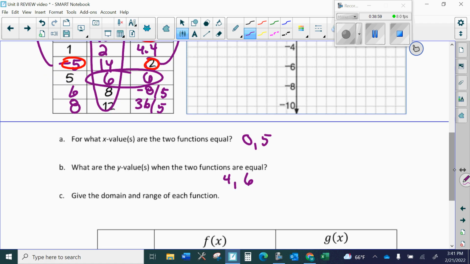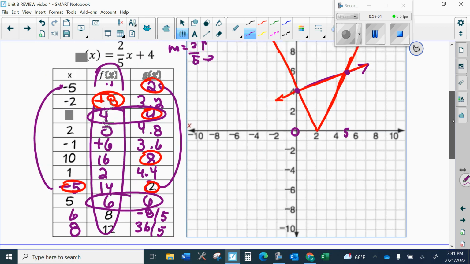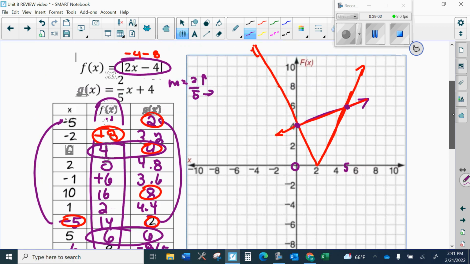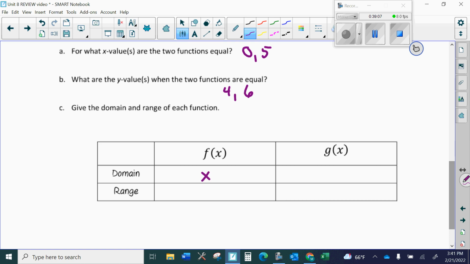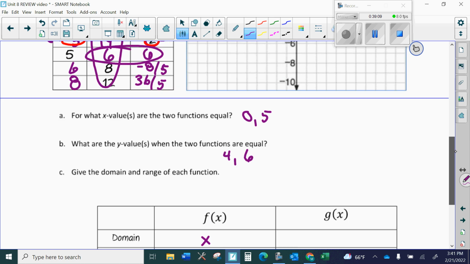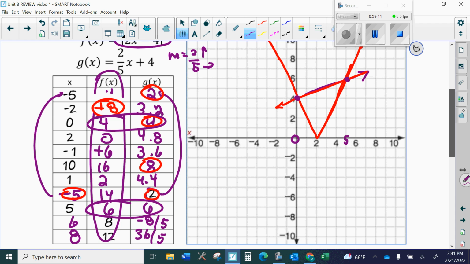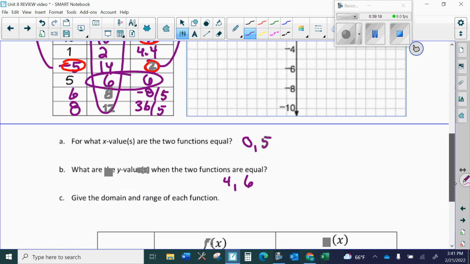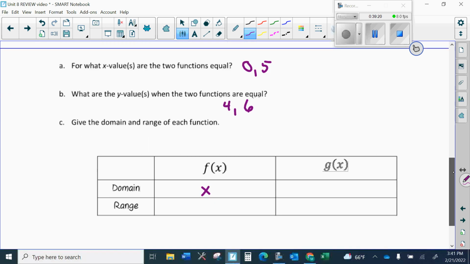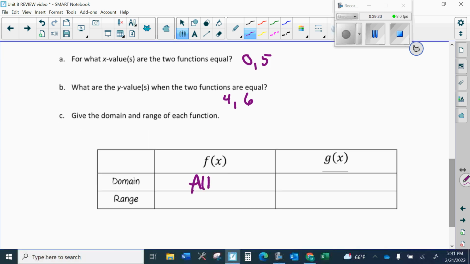Give the domain and range of each function. So for f of x, oh, we have it right down here. For f of x, notice it's going to go from negative infinity to positive infinity because these are arrows going on forever. So it's all real. Domain, you can say is all real. You can write it out like that or use the symbol like this.